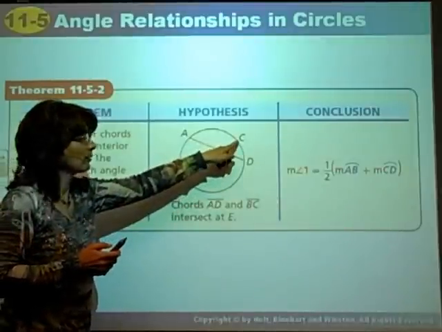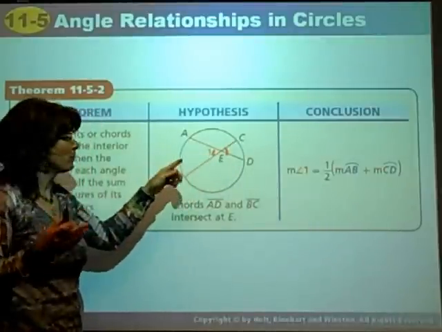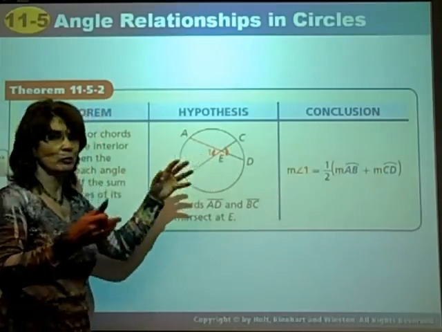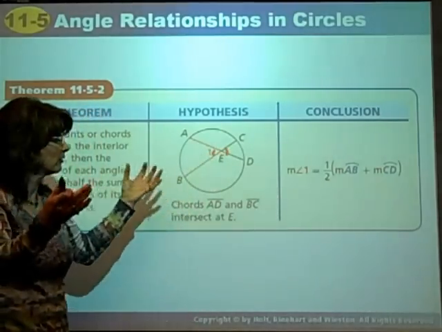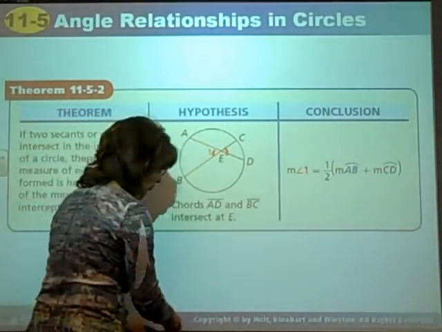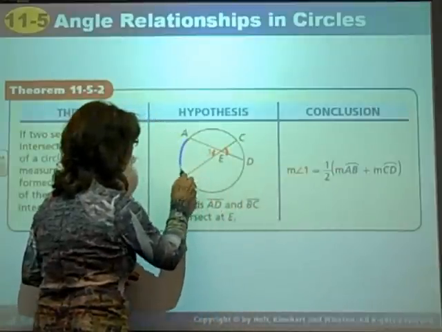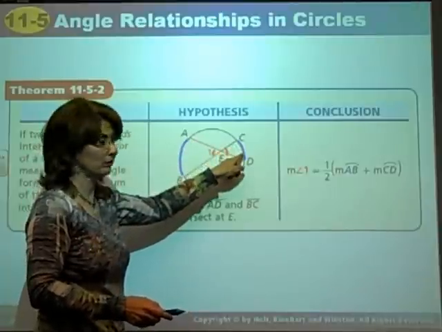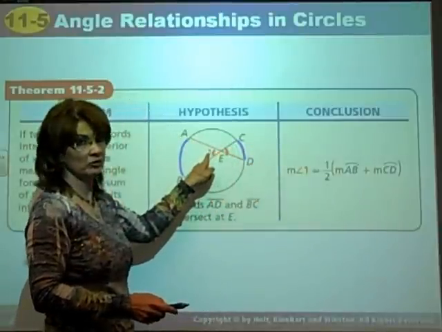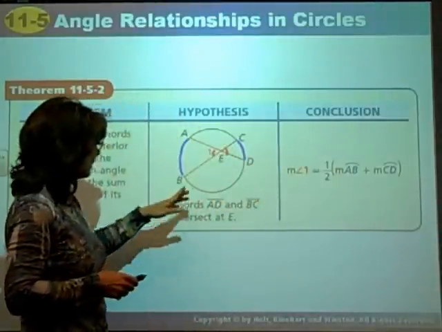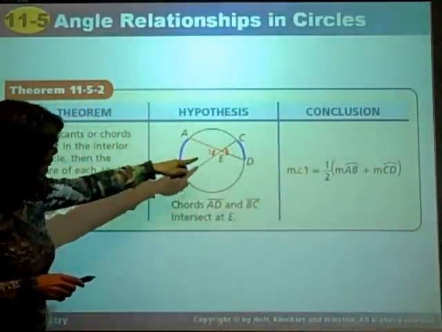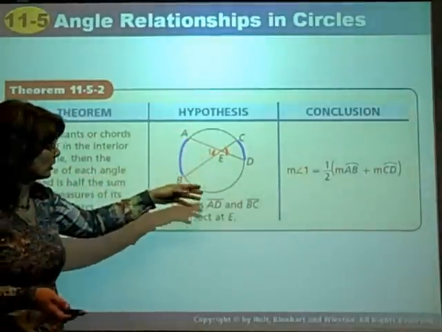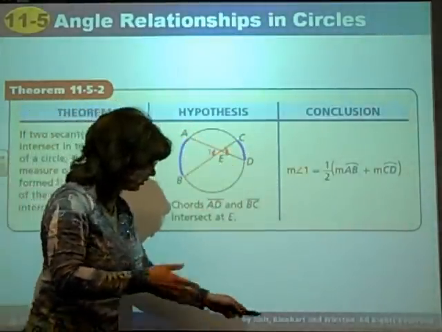It's not a vertex on the circle, so not the 1/2, but each of these angles is the average of these two arcs. So whatever this arc is, if we're looking to find the average, we just take half of this arc plus this arc, and we'll get that angle measure, and that one because they're the same.